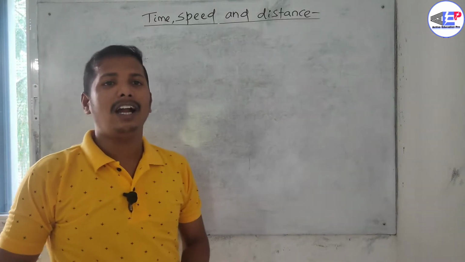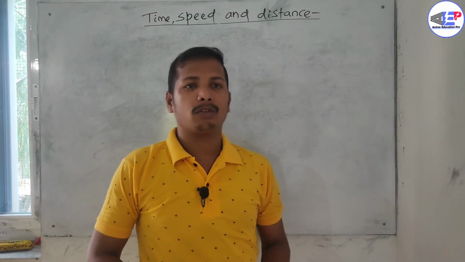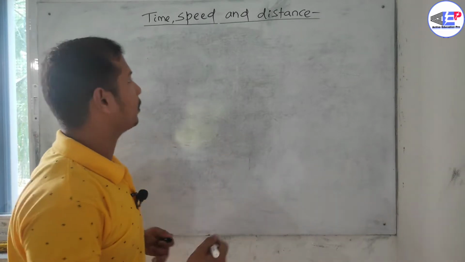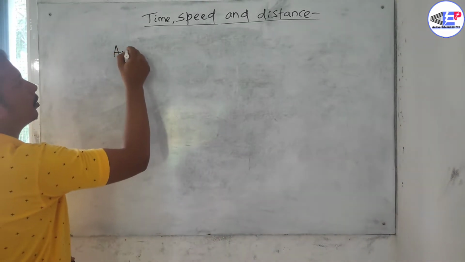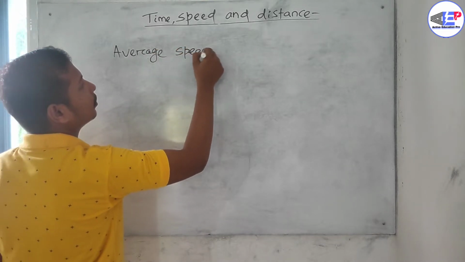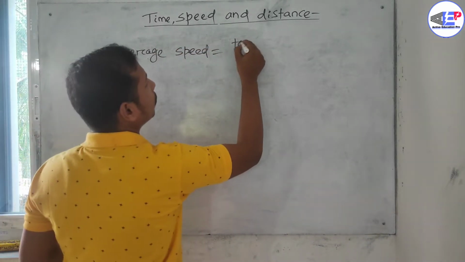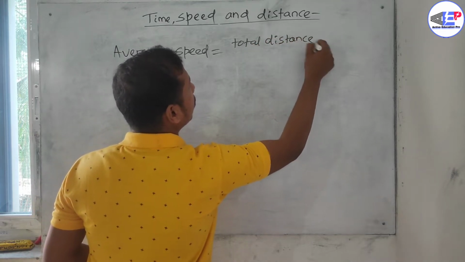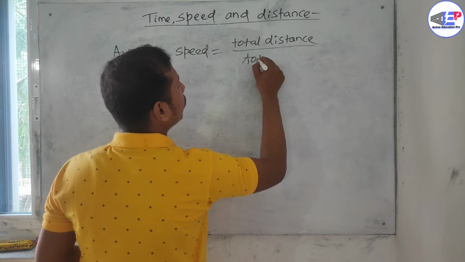Average speed. Average speed will be the total distance covered by the total time. So the formula for average speed will be equal to total distance divided by total time.